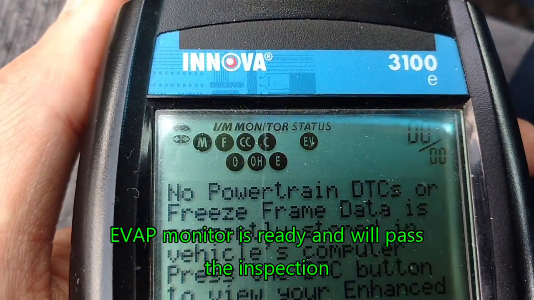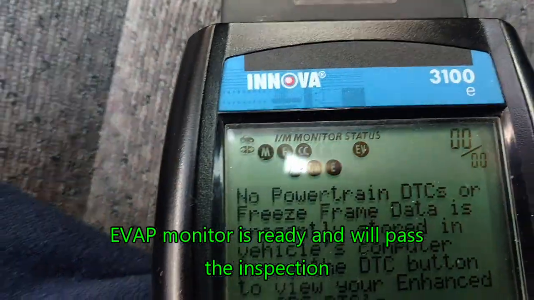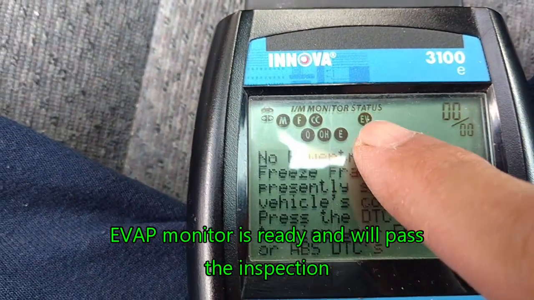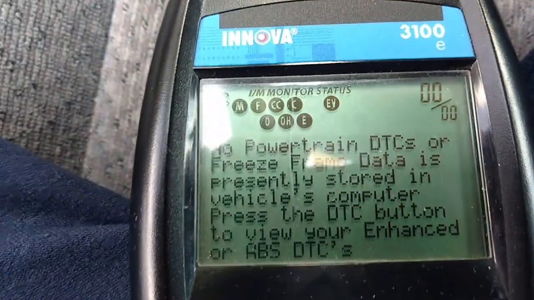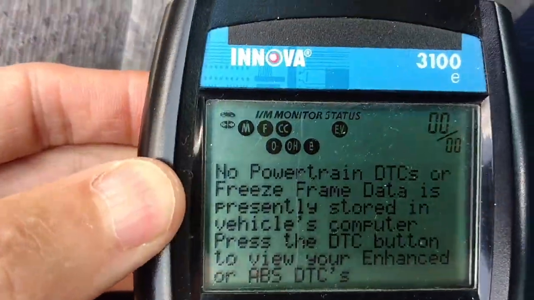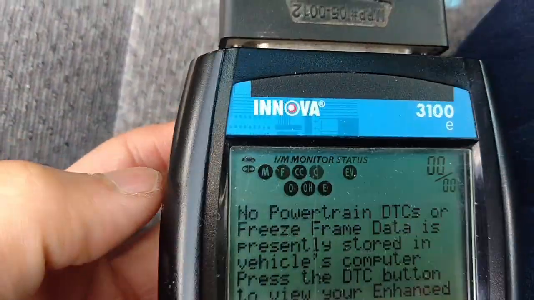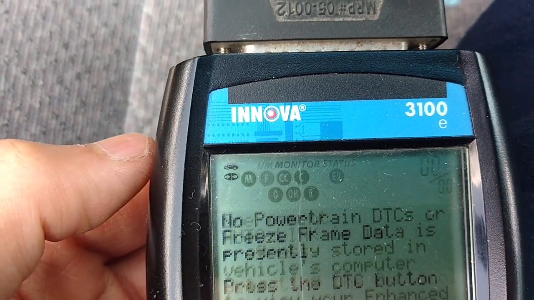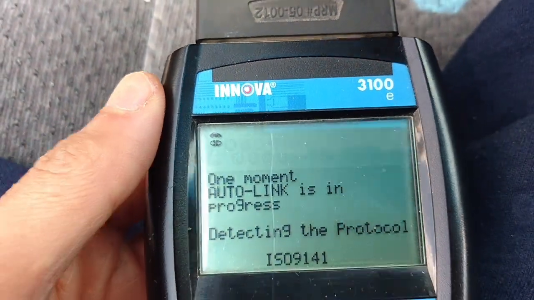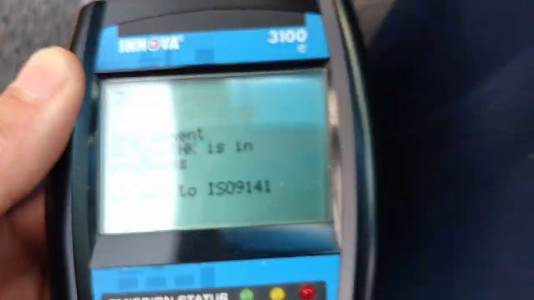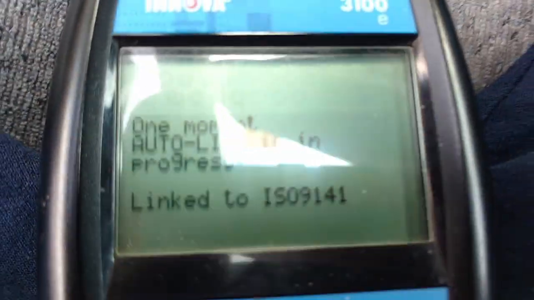See the EVAP monitor. This one, EVAP monitor is ready, but the catalytic converter is still not ready. This is scanning again. If I'm not disconnecting it.